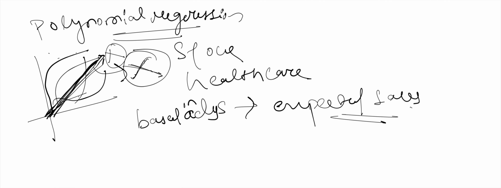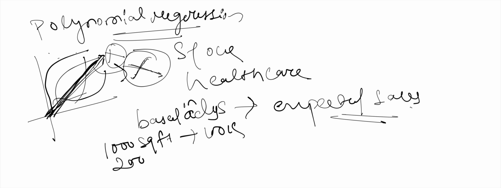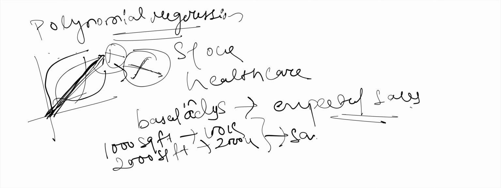That's the first thing. And it is very sensitive to outliers. For example, we have normal data: 1000 square feet, 100K; 2000 square feet, 200K. Even though these are not the same data, they lie in the same group, we can consider them the same group.